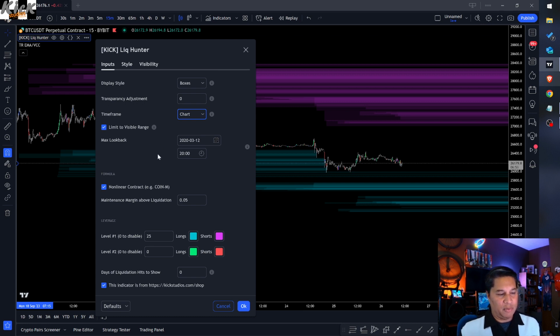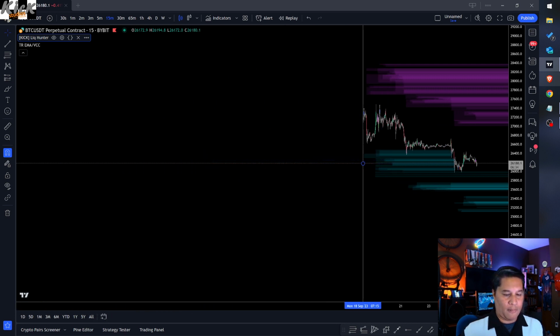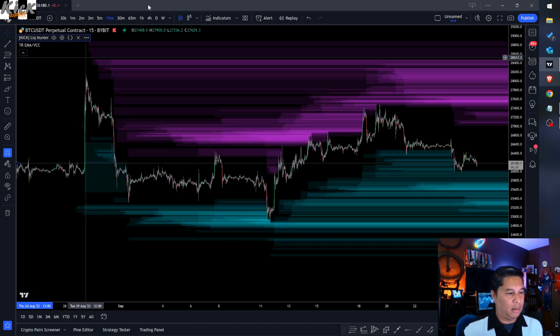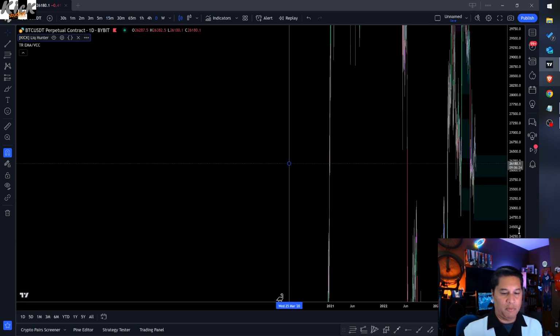I already talked about this limit to visible range. And again, to reiterate, this max look back, if, for instance, you wanted it to only calculate the zones since, say, the last macro low, let's figure out where that happened. Here, I'm going to switch this to daily, just to help me find it quicker.